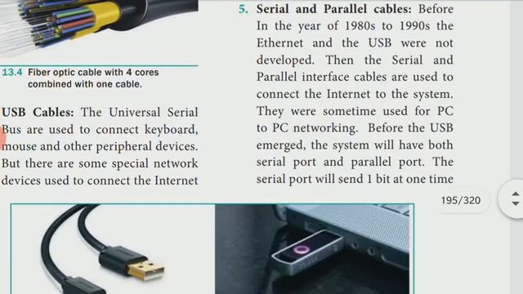Next one is serial and parallel cables. These were used in the 80s and 90s, before the invention of USB cables and Ethernet cables. Why did they use them?